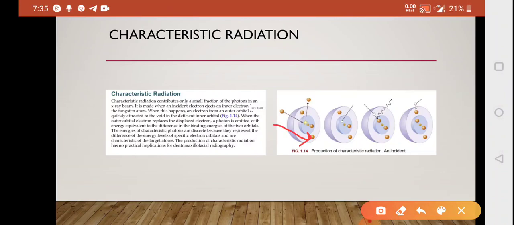It is going to remove the electron from there, and when the electron is removed, the electron from the upper orbit comes down, and in between it releases energy that is equal to the difference in binding energy of both the orbits, and in this form the X-ray is produced. So let me read it. Characteristic radiation contributes to the smaller fraction, you know this thing, and whenever the incident electron ejects an inner electron from the tungsten atom.